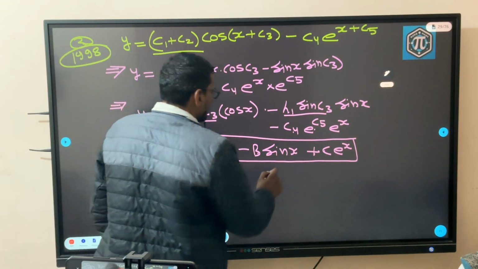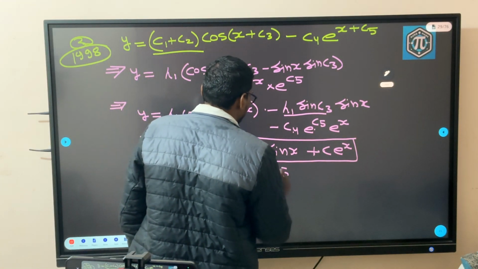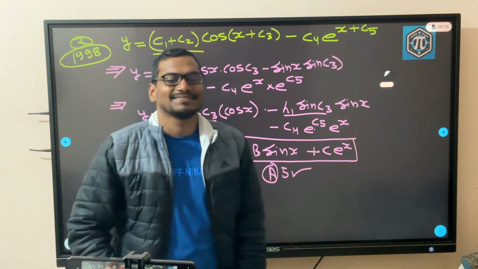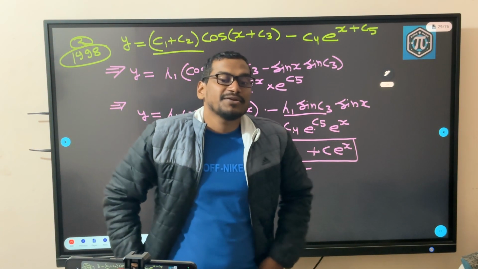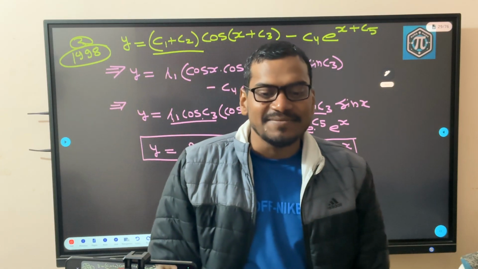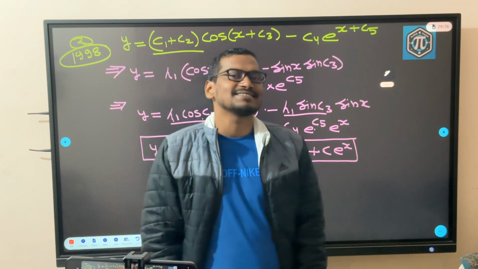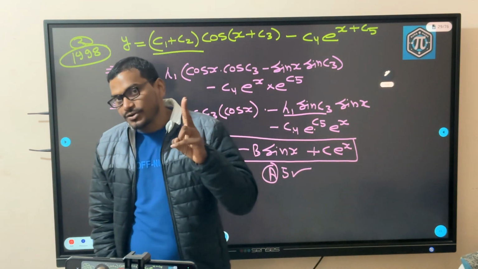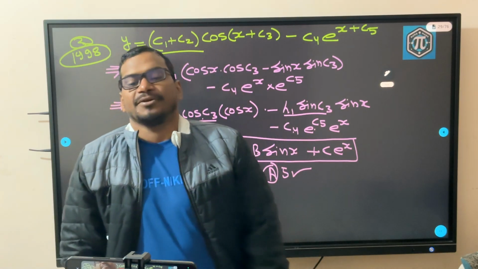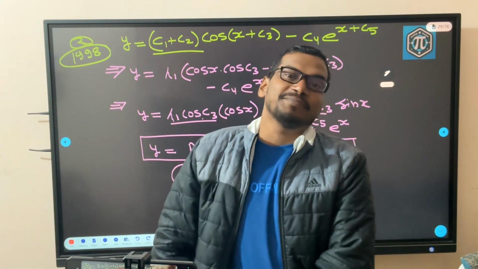But A option was 5, beta. 90% of the people picked 5. So that is what you have to be careful about. If you are solving the JEE Mains question and you are getting the answer as the A option, check twice. You have missed something. Because we are the ones who are observing the paper.